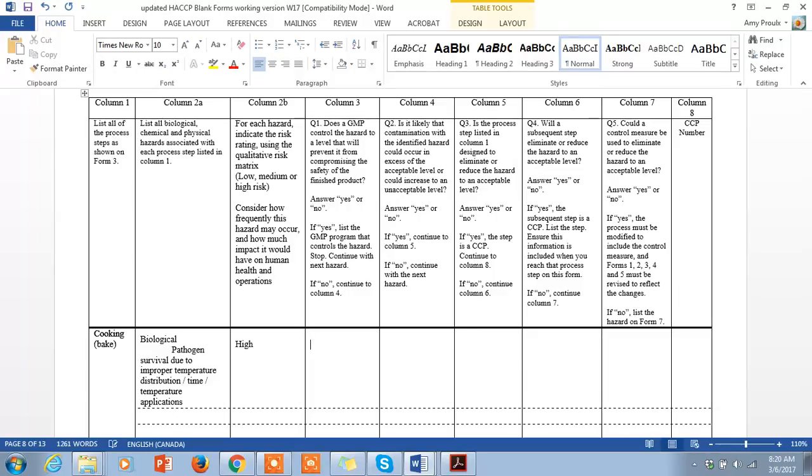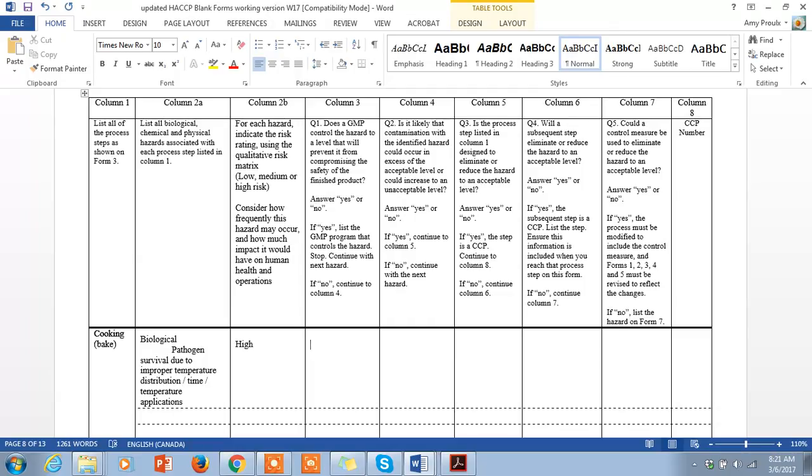Does a GMP control this hazard? Now, as we mentioned in a previous video, I could be selecting for pasteurized ingredients. You can get flour that's been pasteurized. You can get eggs that have been pasteurized, except these are going to be extremely costly ingredients. And cooking is a pretty reliable step to be able to kill off these pathogens.